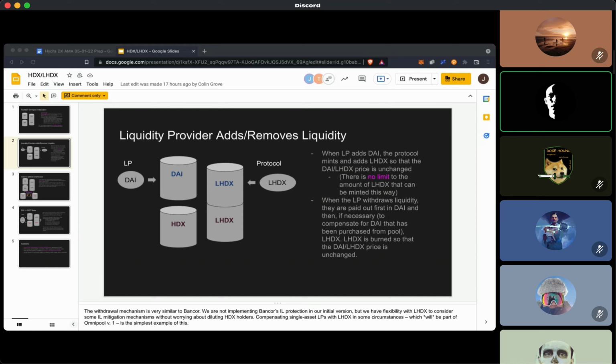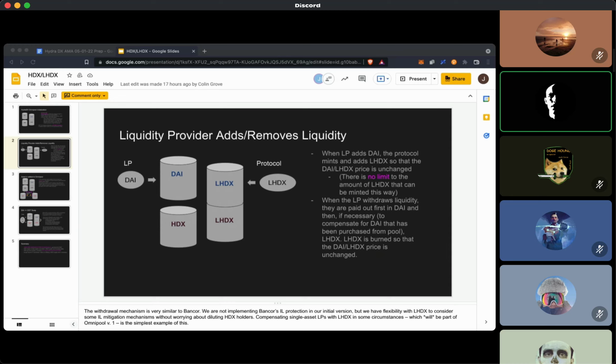There's not really control over the total LHDX supply, as it's minted whenever a liquidity provider adds liquidity and potentially burned whenever a liquidity provider removes liquidity. And this makes it very useful as a central unit of account for the Omnipool.